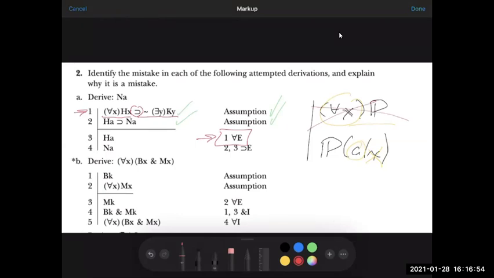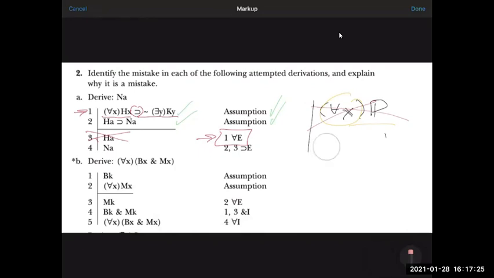You need the universal quantifier to be the main logical operator. Moreover, you know that it's not okay to just basically take out the antecedent of a conditional. There is literally no rule that allows us to do that. Modus tollens comes the closest, but you need a tilde on there. So line 3 is definitely the illegal move. There's actually at least 2 things wrong with that inference. So that's the first one, or A, I suppose.